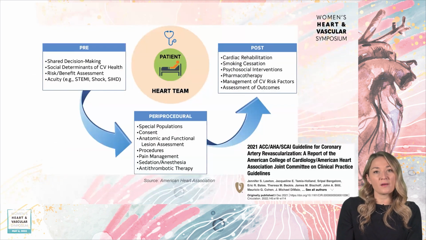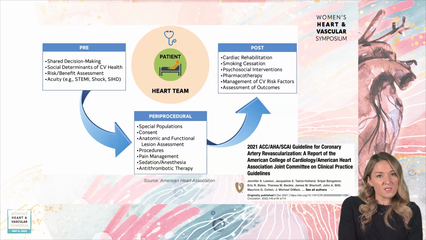And this is from that guideline, the 2021 guideline. It seems obvious, but it's important that they emphasize the patient-centered approach and the heart team discussion, especially in those tricky scenarios where a patient might benefit most from bypass, but they're having issues coming to terms with that, or maybe they're a sicker patient and you can't decide what the best option is, and maybe it is really guideline-directed medical therapy only.